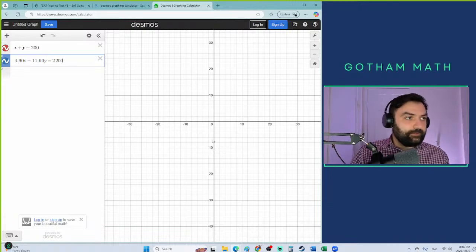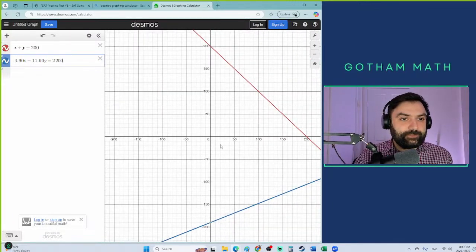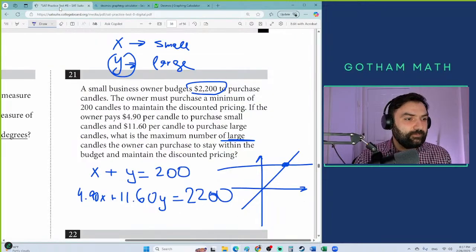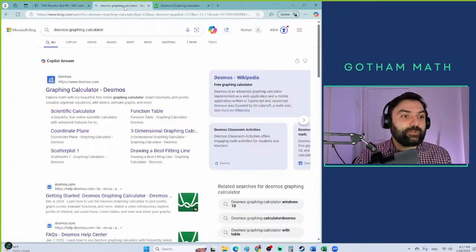All right, so let's see where they intersect. Oh, did I misplace something? Let's see. 490 plus, okay, so 490, 1160. Okay, so they say what is the maximum, right?